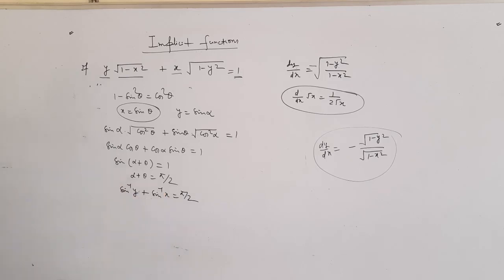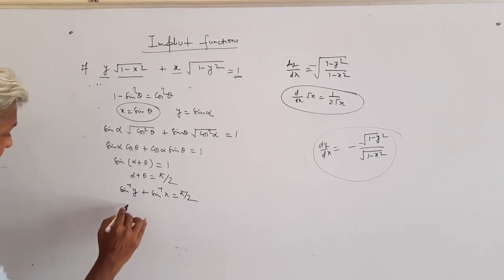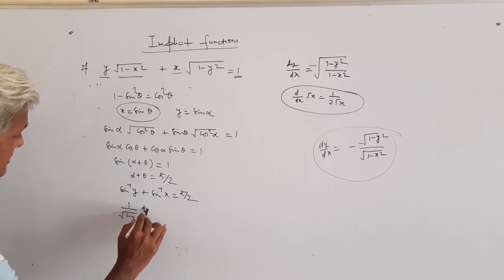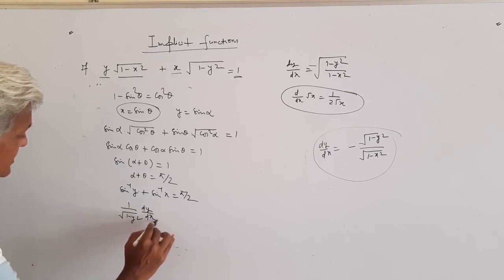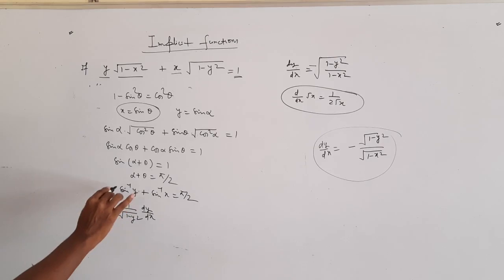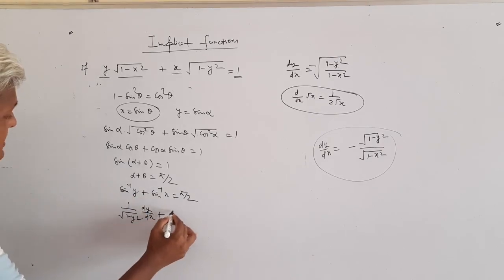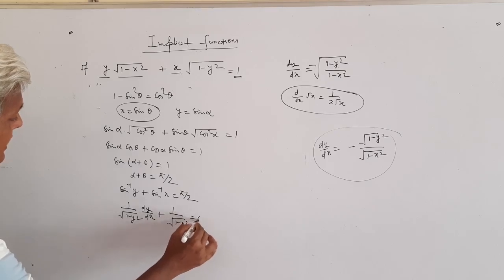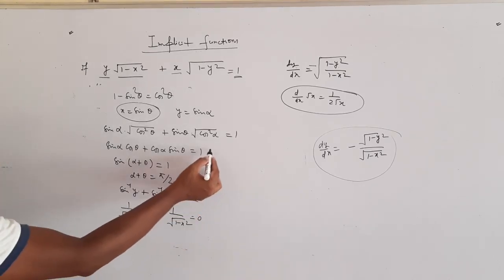Now if you differentiate, sine inverse y's differentiation is 1 over under root 1 minus y square into dy by dx, because we are differentiating with respect to x and this is a function of y, plus this is 1 upon under root 1 minus x square, and differentiation of this is 0.